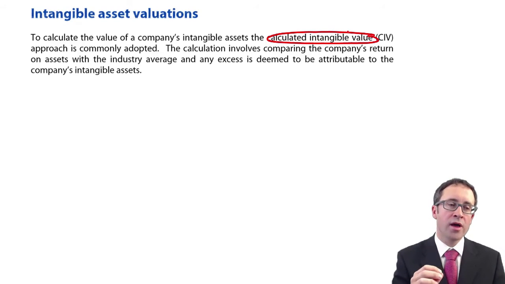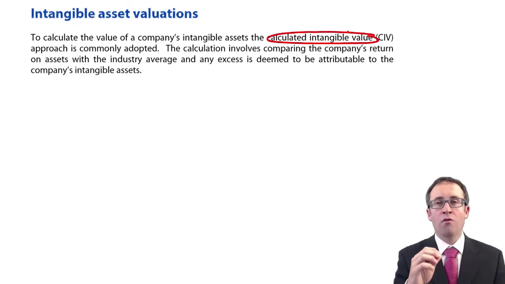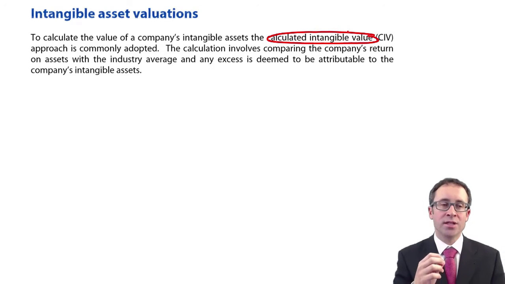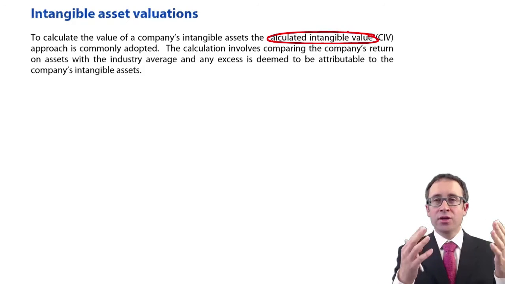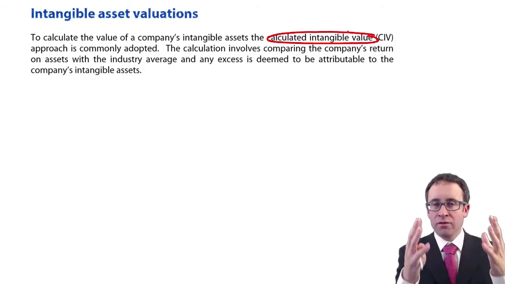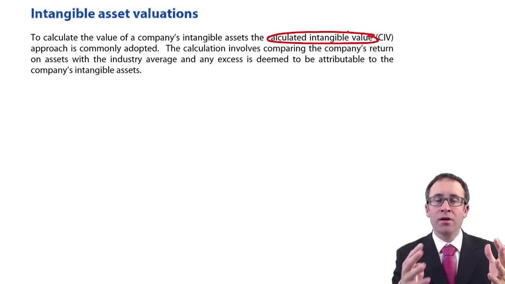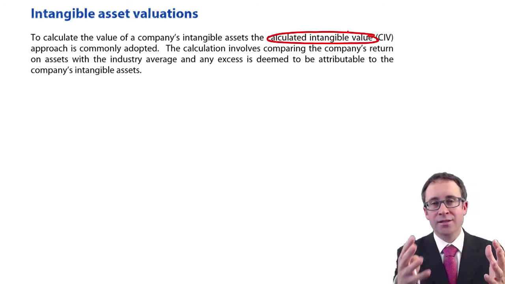Because if we can go through there and work out a return of what the industry generates on its assets and how that helps it generate its earnings, then we can compare our earnings that we generate to an industry average amount of earnings, okay, based upon the return on the assets that industry is generating.